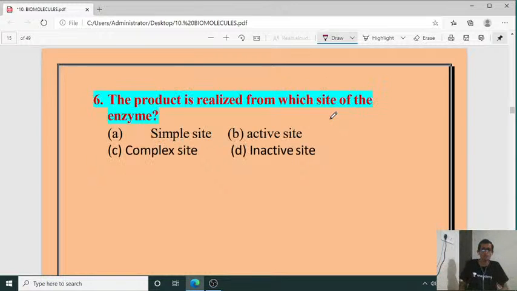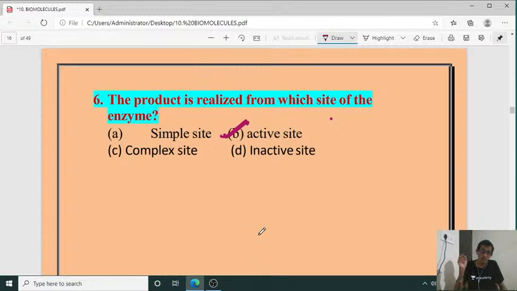Next question. The product is released from which site of the enzyme? So here, active site.